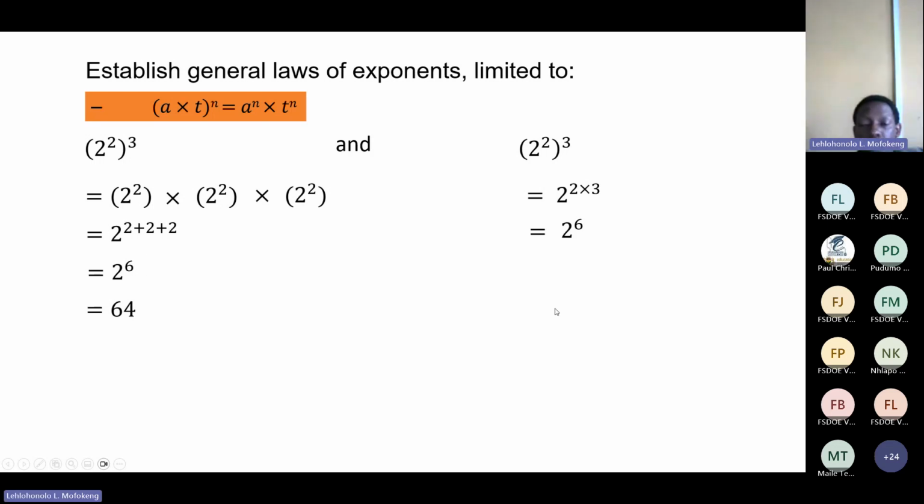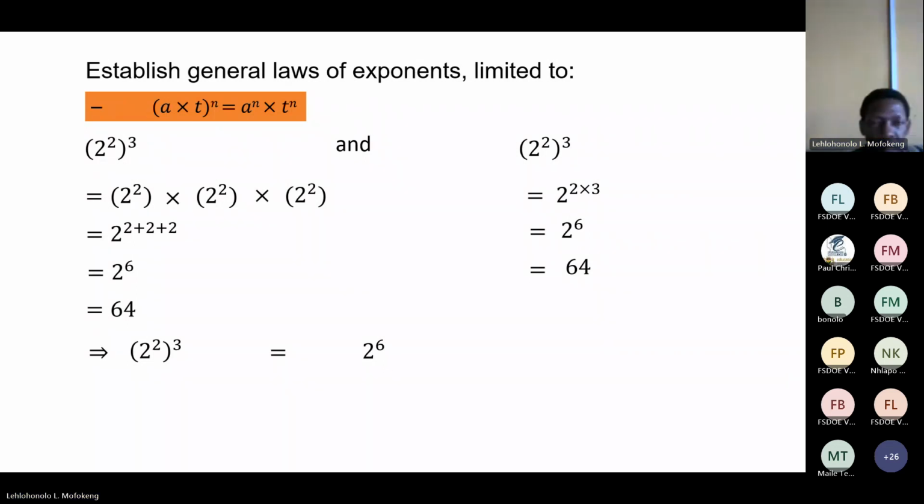And as we multiply, we also get 2 to exponent of 6, which is the same as 64. Now, this implies that if we raise 2 to exponent of 2 all to exponent of 3, we'll get the same results as when we multiply 2 by 3, which will give us 2 to exponent of 6.